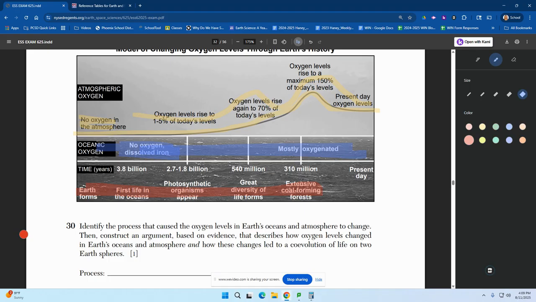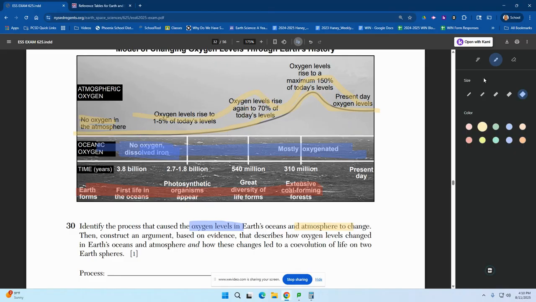Just identify the process that caused the oxygen levels in Earth's oceans and atmosphere to change. So that's the first thing we have to do. We have to identify what process caused oxygen levels to change. So I'm going to highlight this in blue. We're talking about oxygen levels in the ocean and the atmosphere, and we're going to look at where the change started to occur.